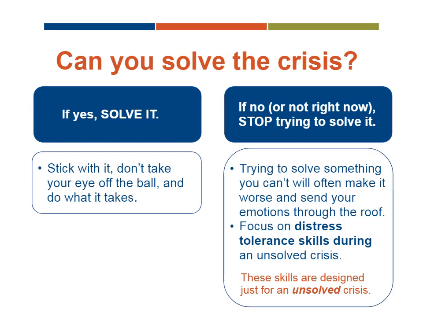So to continue with our definition of a crisis, if you can solve it, then you would. If you can't solve it, then we consider it a crisis, and we encourage patients to stop trying to solve the crisis. If patients continue, that can make the situation worse and make the emotional experience worse and more distressing. So we encourage patients to focus on distress tolerance skills if there's a crisis that can't be solved at the moment.